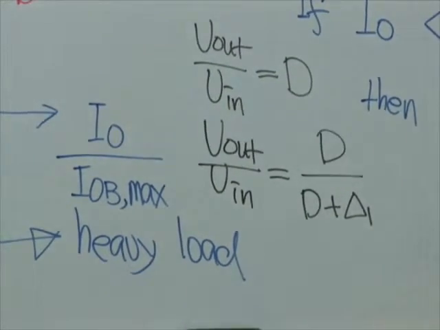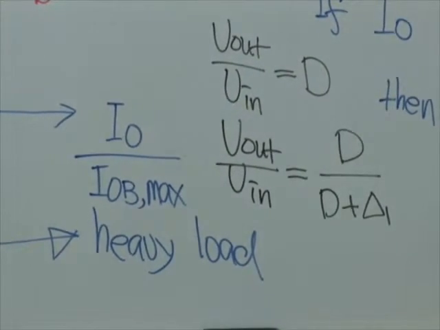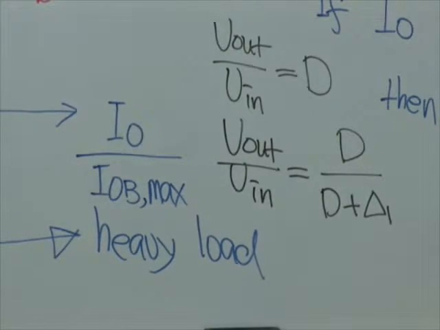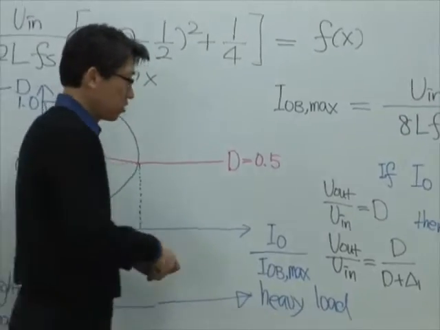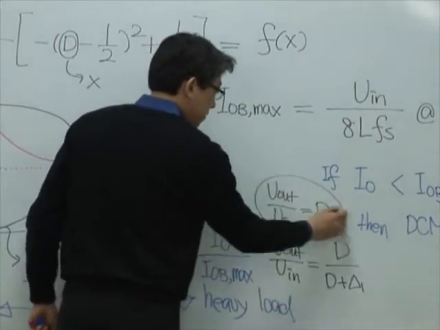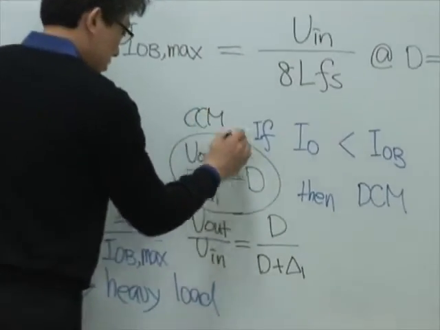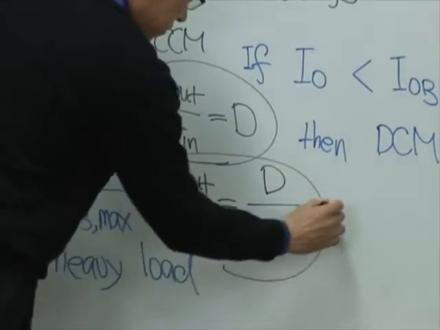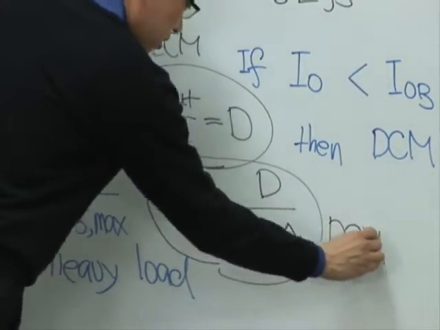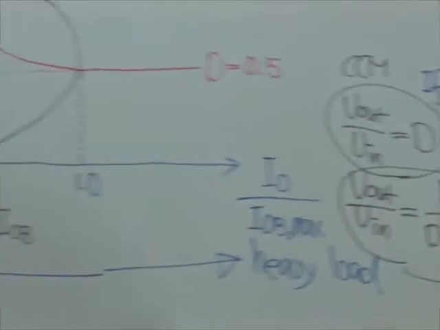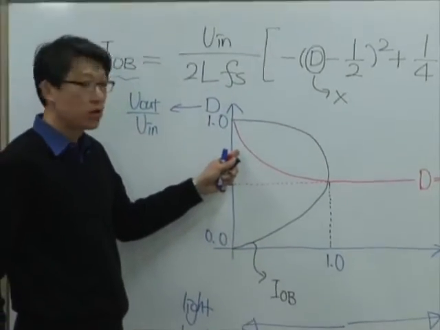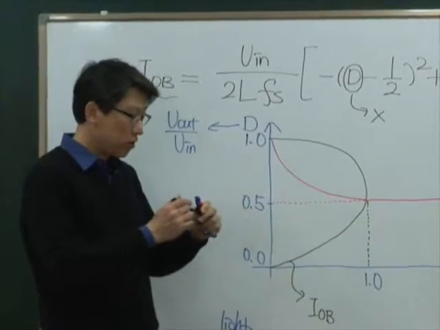Do you remember? If I keep the same duty ratio, then we will obtain higher voltage under this discontinuous conduction mode. Okay? This is CCM and this is DCM. So if I use the same duty, then we will have higher voltage. Okay? Here.